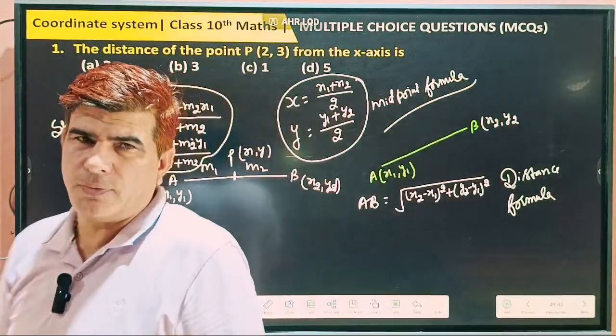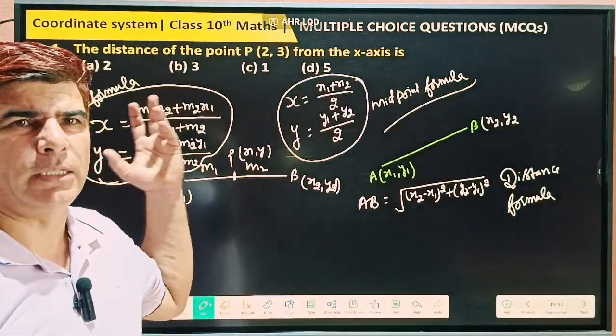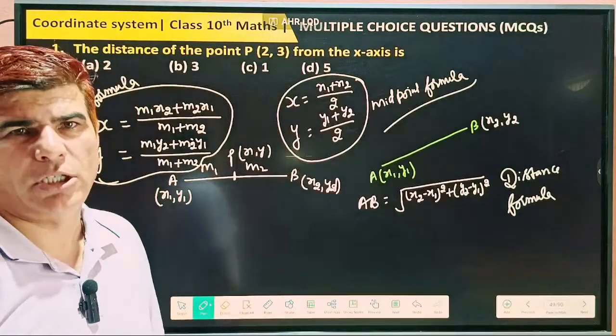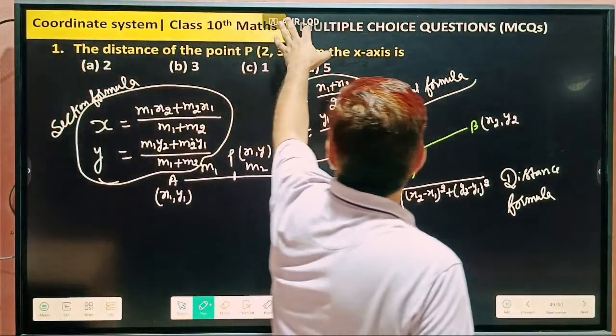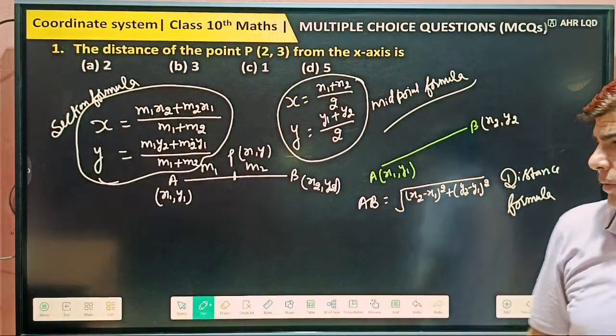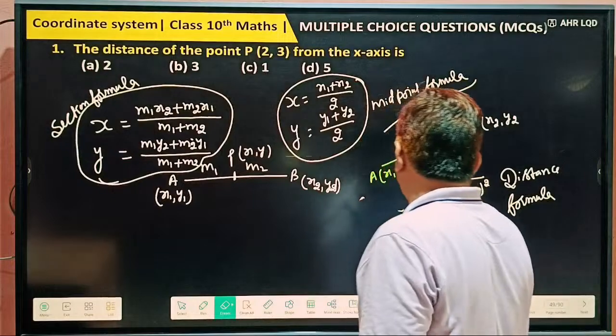Yes or no? These three formulas we can say are mainly two, otherwise three formulas which are very important related to this chapter. So we will solve these multiple choice questions, which are related to this chapter. One by one we can start.